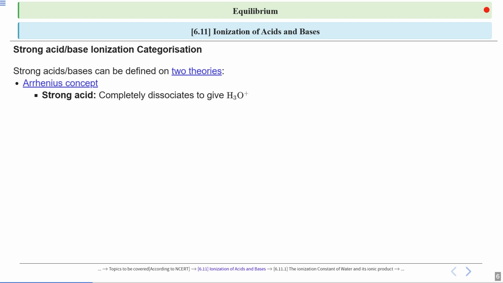According to the Arrhenius concept, strong acids are substances which completely dissociate in water to give H3O plus. It means you will not notice a single undissociated molecule or formula unit in the case of a strong acid. For example, HCl completely dissociates into H plus and Cl minus.